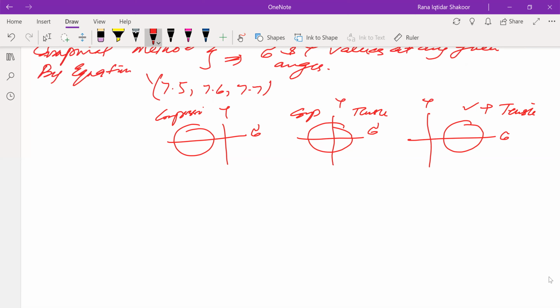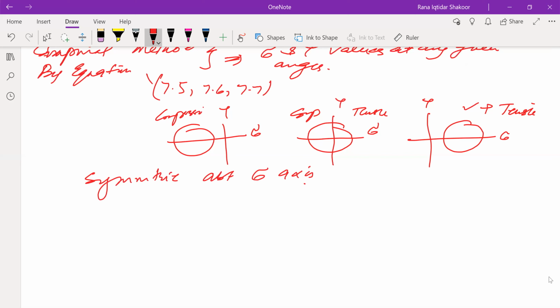But all these circles will be symmetric about the sigma axis, right? So principal normal stresses can be calculated.